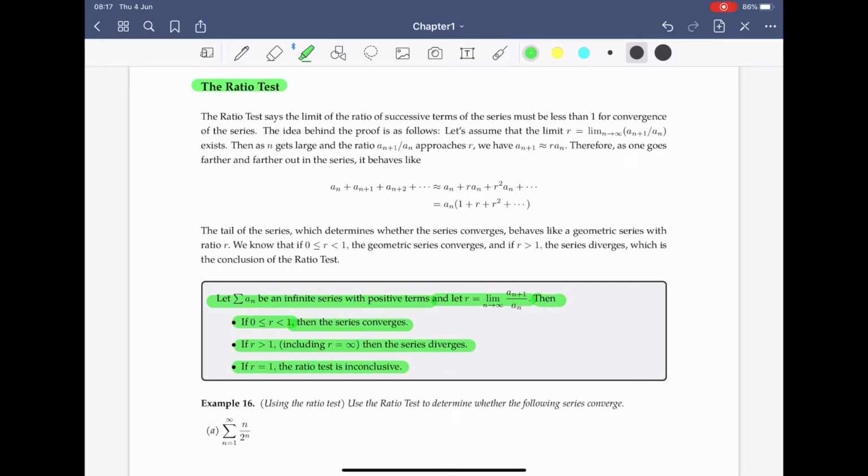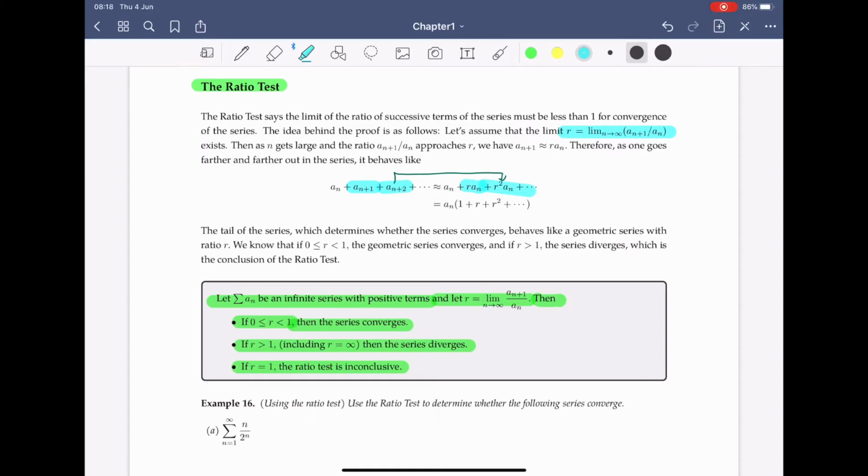The idea is here. When you define r to be the limit of a_(n+1) over a_n, it means that you can approximate a_(n+1) by r times a_n, and that you can approximate a_(n+2) by r times a_(n+1), which is r times r times a_n, so a_(n+2) can be approximated by r squared times a_n.